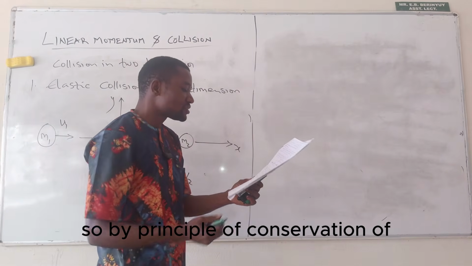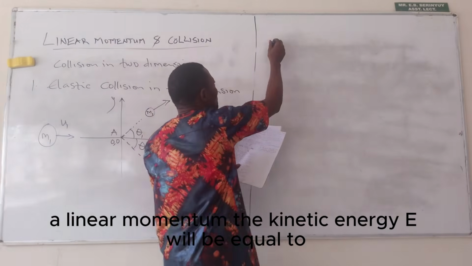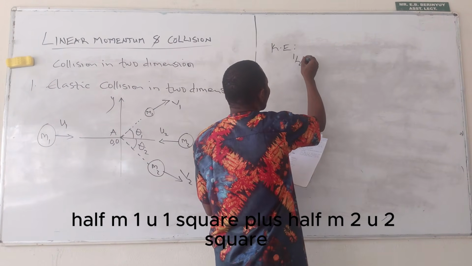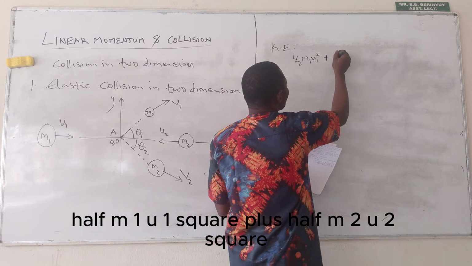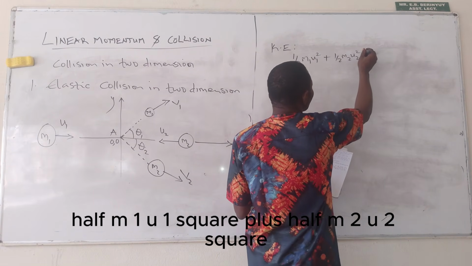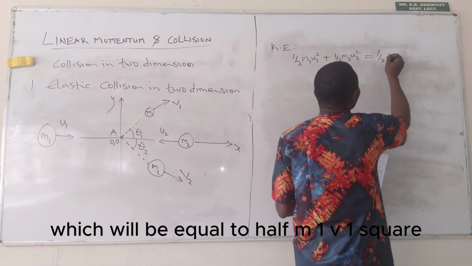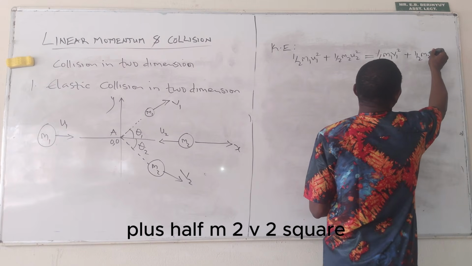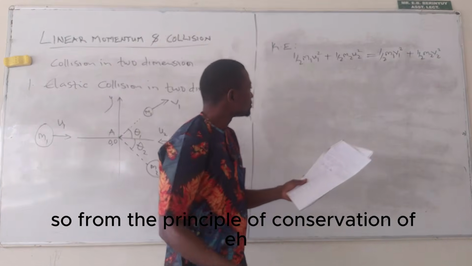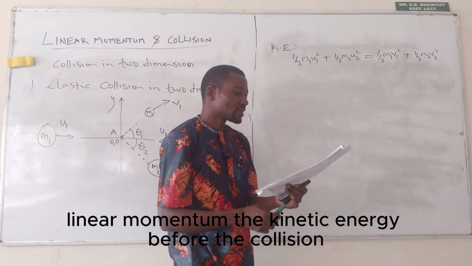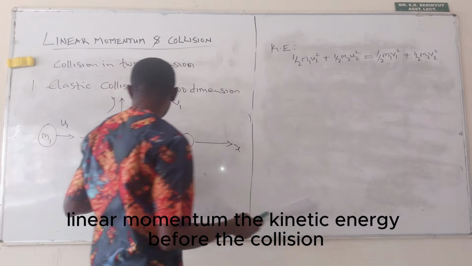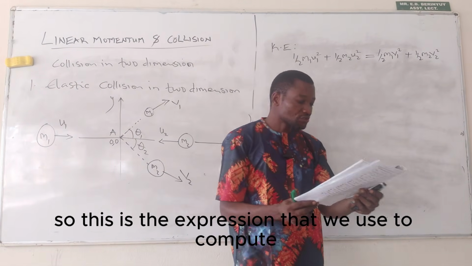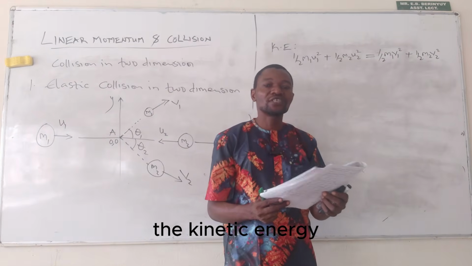So the kinetic energy E will be equal to half m1 u1 squared plus half m2 u2 squared, which will be equal to half m1 v1 squared plus half m2 v2 squared. So the kinetic energy before the collision is equal to the kinetic energy after the collision. This is the expression that we use to compute the kinetic energy.